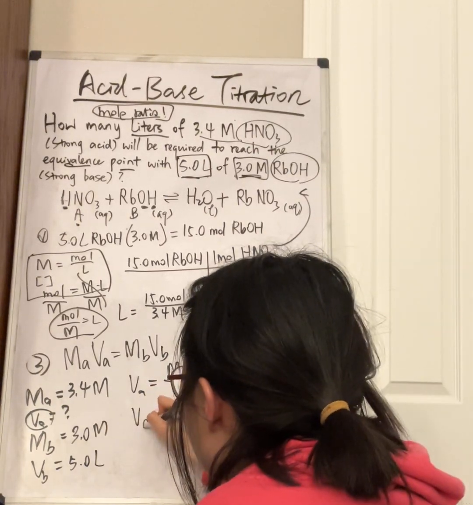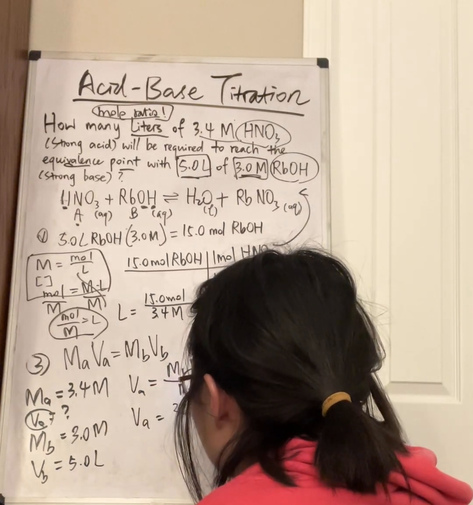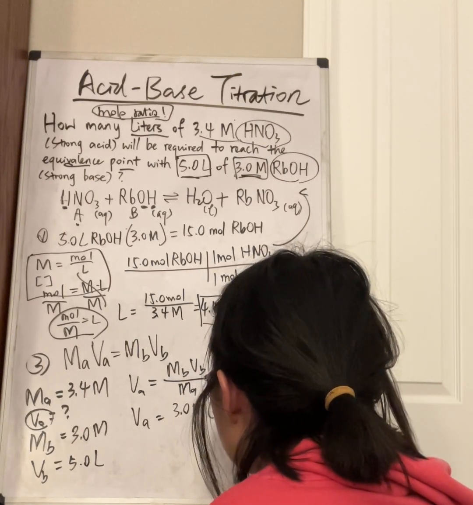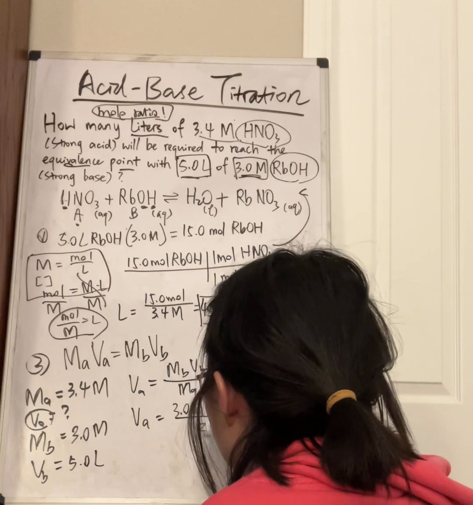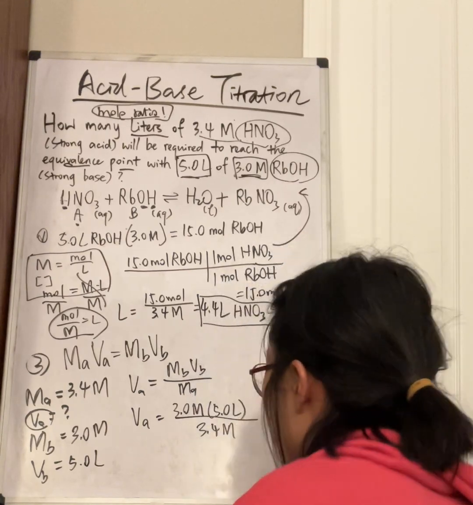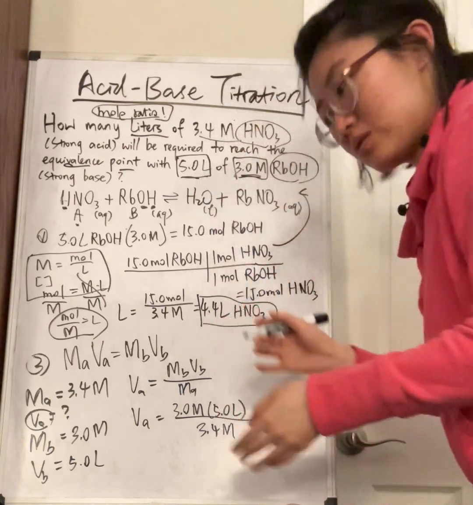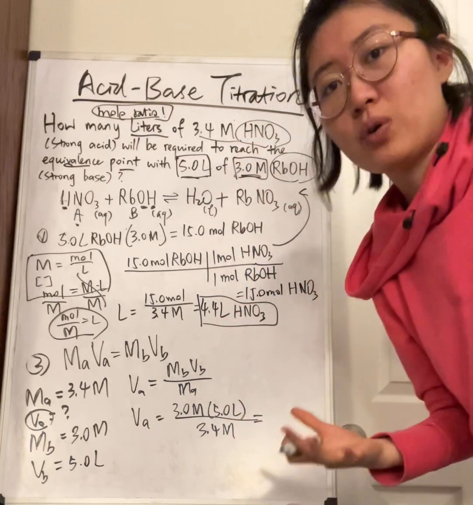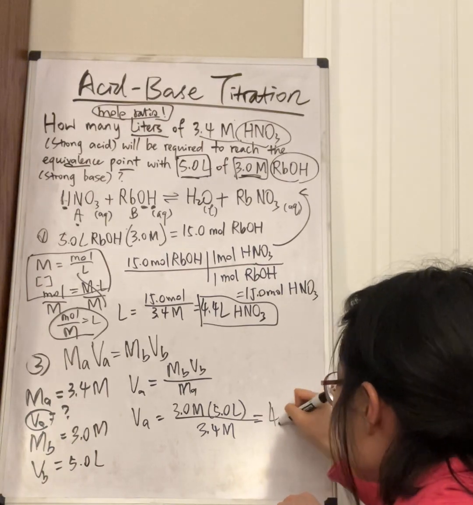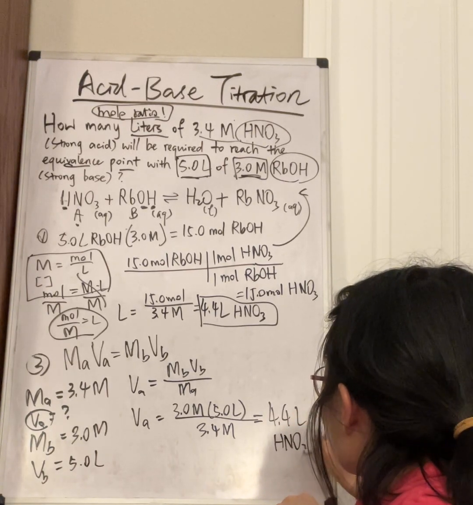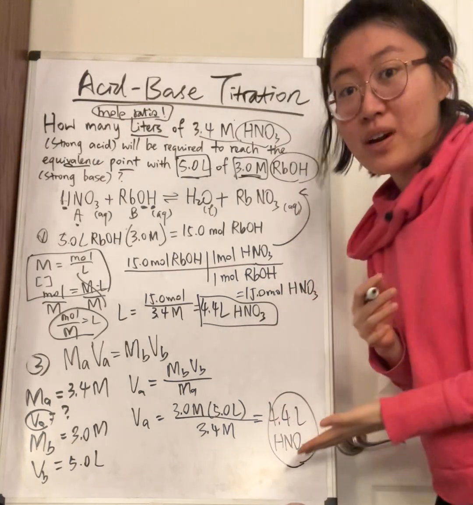So VA is equal to 3.0 molar times 5.0 liters divided by 3.4 molar. Okay, and then we can plug those into the calculator, and guess what? We get the same answer. So HNO3. Really cool right here, isn't it?